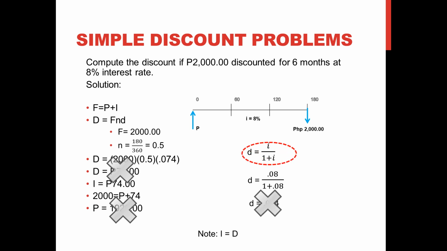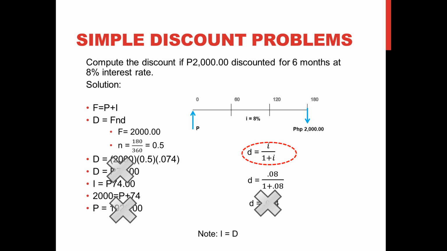But, however, these are wrong values. Why? We have a precaution to use the formula D is equal to I, 1 plus I. Why can't we directly substitute the given 8% interest on this? Remember the 1 peso 1 year analysis?